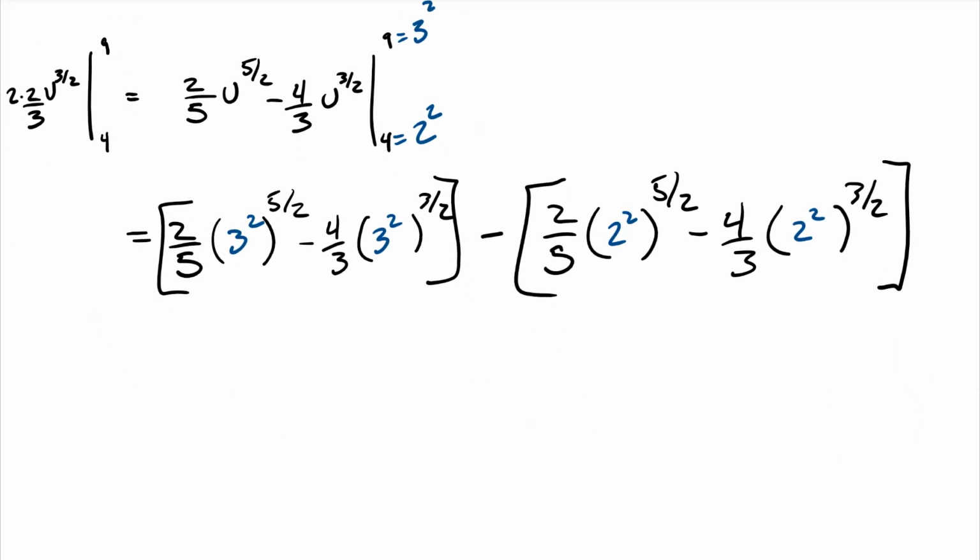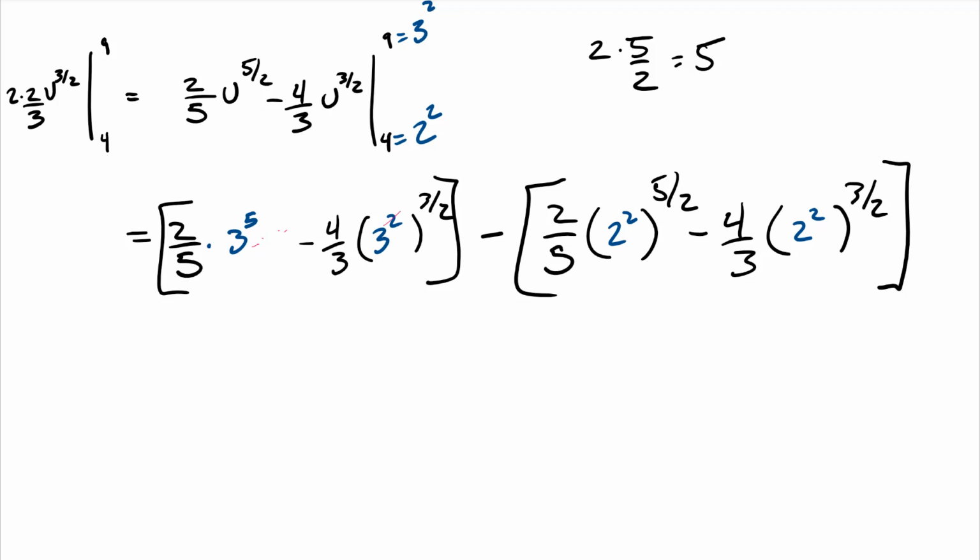Now, when you multiply exponents, what's 2 times 5/2? That's just 5. So right here, I'm going to cheat as I go through. This is just 3 to the 5th.